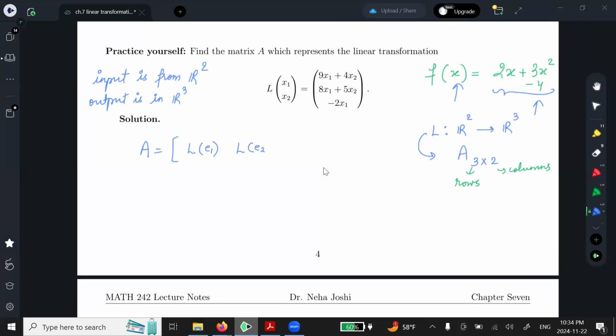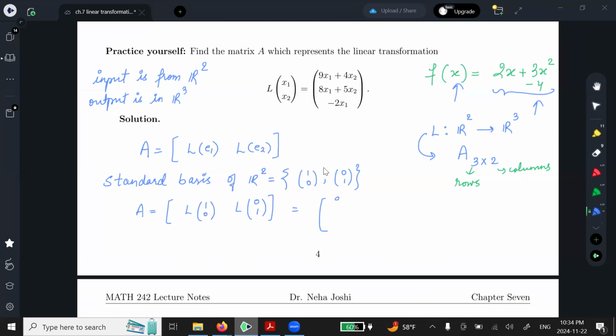So my matrix A will have 2 columns because the standard basis of the domain, which is R2, has only 2 vectors, the unit vectors in the XY direction, right? Once you have found the image of [1,0] and the image of [0,1], that makes your columns. So I'm going to find the image of [1,0]. We know how to find that. We just have to plug it in the function.